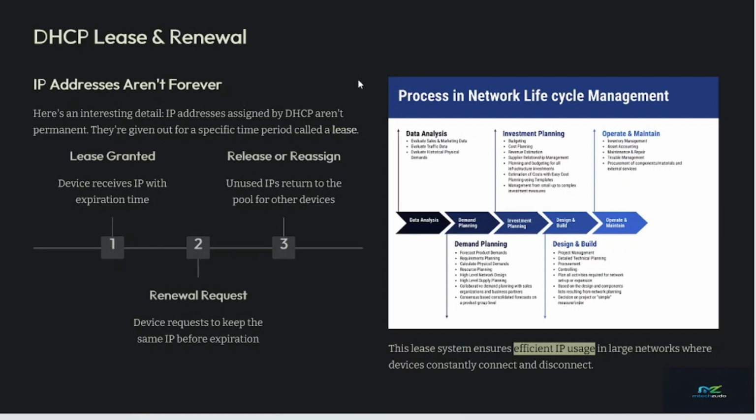When that lease is about to expire, your device automatically sends a renewal request to keep the same IP. If you disconnect too long, that address goes back to the pool and can be given to another device. This is how DHCP ensures efficient IP usage in big networks.